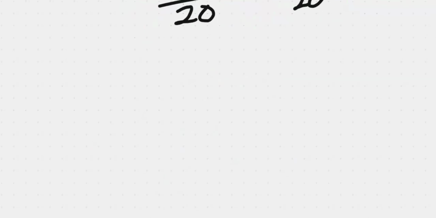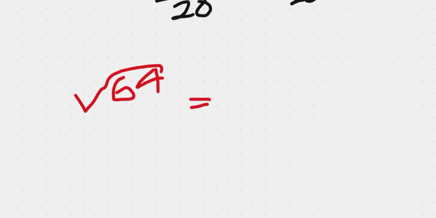Yeah, show me the easier way. Write it underneath the last one that you did. The square root of 64,000. Just take the square root of 64, which is 8. Then put your times.